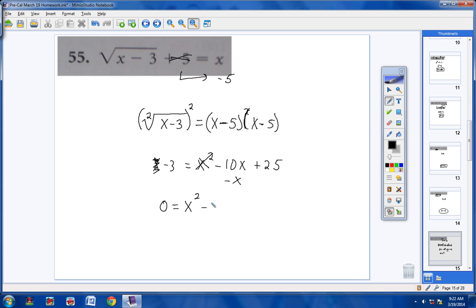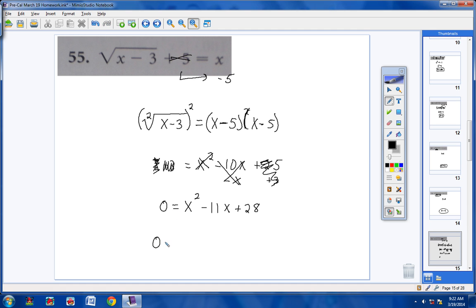Combine these two, and I'm left with a negative 11x. Cross these off. Now I have a negative 3. I'm going to bring this negative 3 over and make it a positive 3. And if I do that correctly and combine those, I'm going to have a positive 28. Okay? Thankfully, this expression right here, this right side, is factorable.